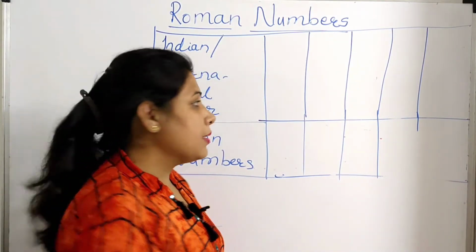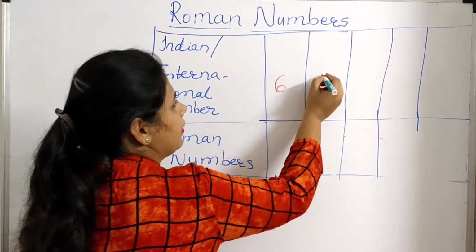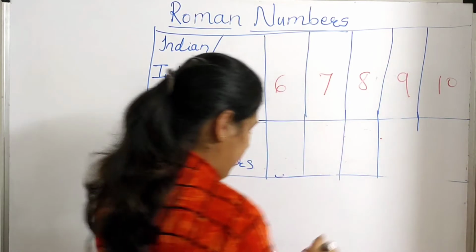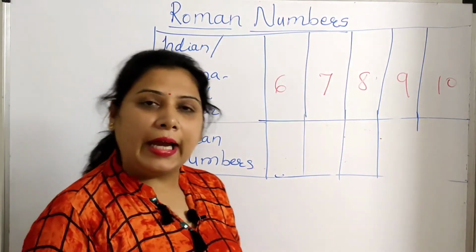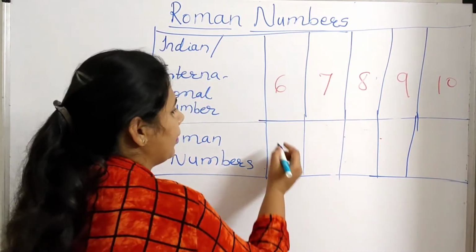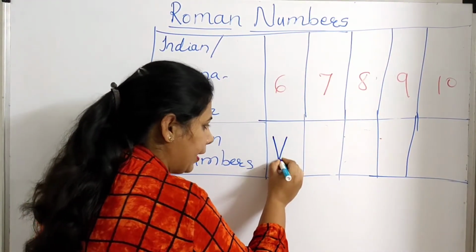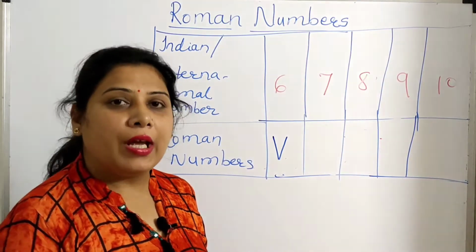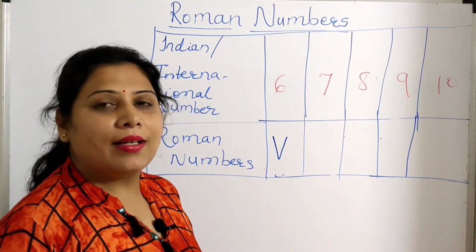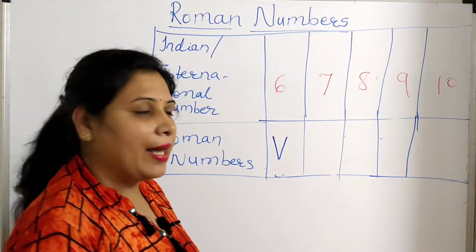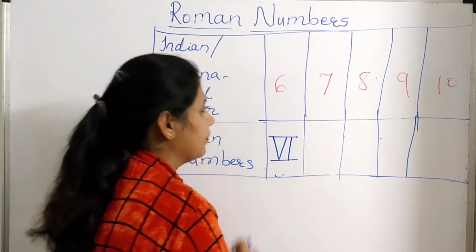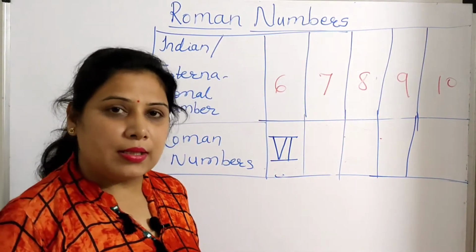In the international number system, this is 6, this is 7, this is 8, 9 and 10. But when we write this into the Roman numbers, for 5 we know that it is capital V. And for 1 we have to add in the V. So 1 in a Roman number will be a standing line, or we can say that is I. So this is written as 6. This is the Roman number 6.